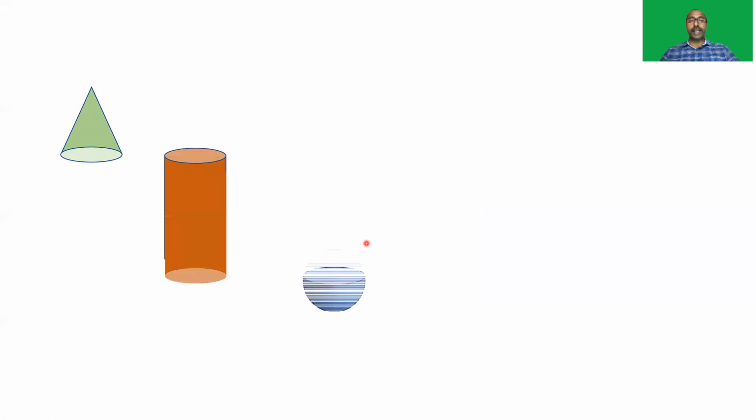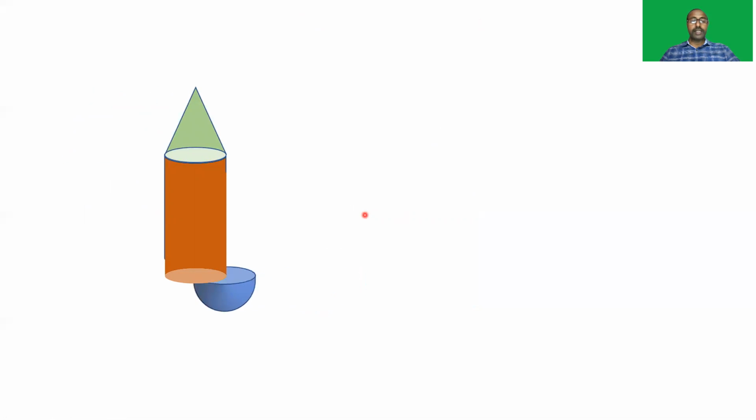Here I have a cone, a cylinder and a hemisphere. After attaching these three objects together, we get this shape.